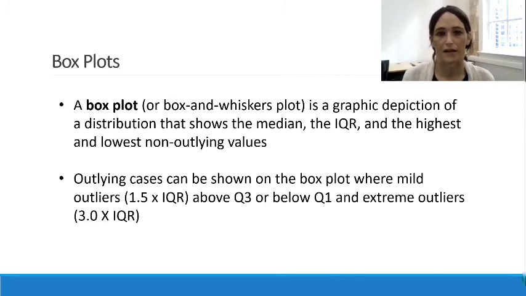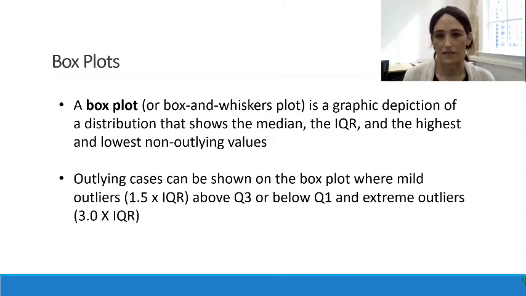A box plot is a way to display the quartiles within a distribution, sometimes called a box and whiskers plot, which is kind of a cute name for it. It's a graphical display that shows the median, the interquartile range, and the highest and lowest non-outlying values. You can also ask that it plot outlying values on the box plot as well.